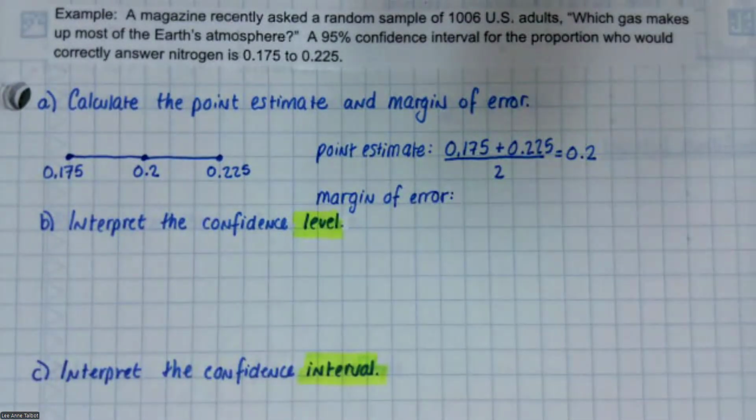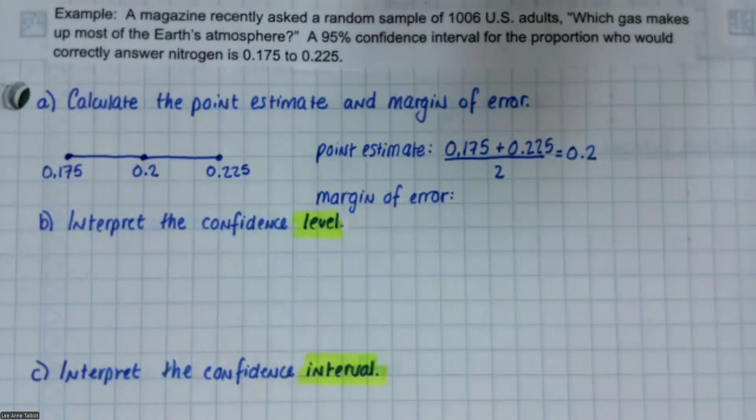Okay, now there's a couple of ways to find margin of error. If you have the picture, you can just subtract between the high number and the middle, or between the middle and the low number. But what a lot of people do is, instead of doing the average, they'll do high minus low divided by 2.